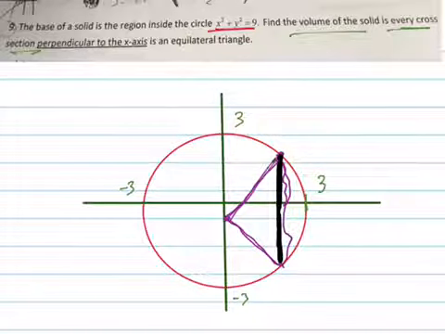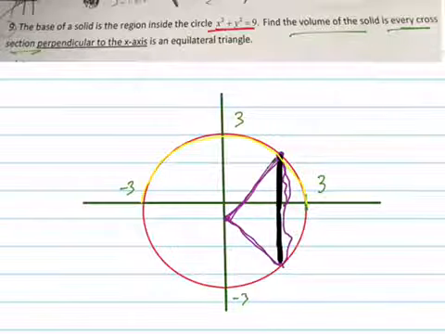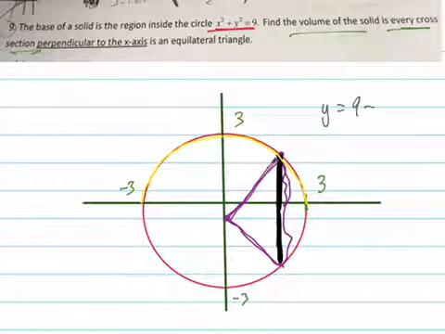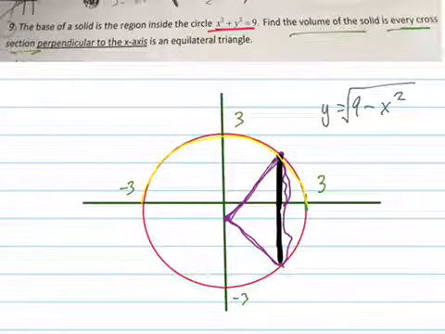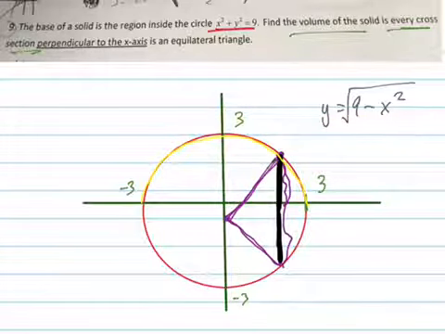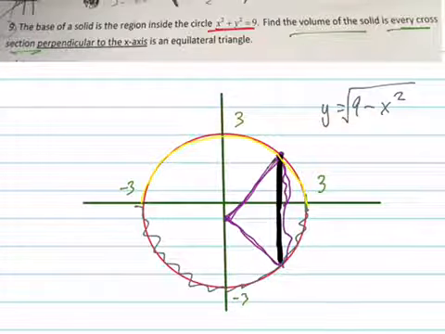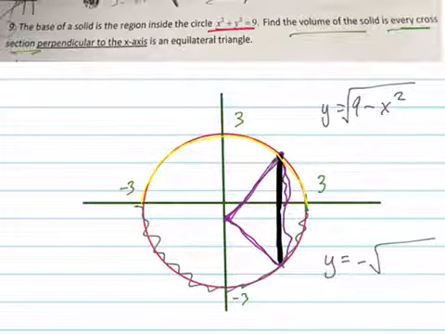Think about it. So the trick to this problem is to understand that you've got a top function and a bottom function. If you break up this circle into 2 different functions, the top function would be y equals the positive square root of 9 minus x squared. And the bottom semicircle would be y equals the negative square root of 9 minus x squared.